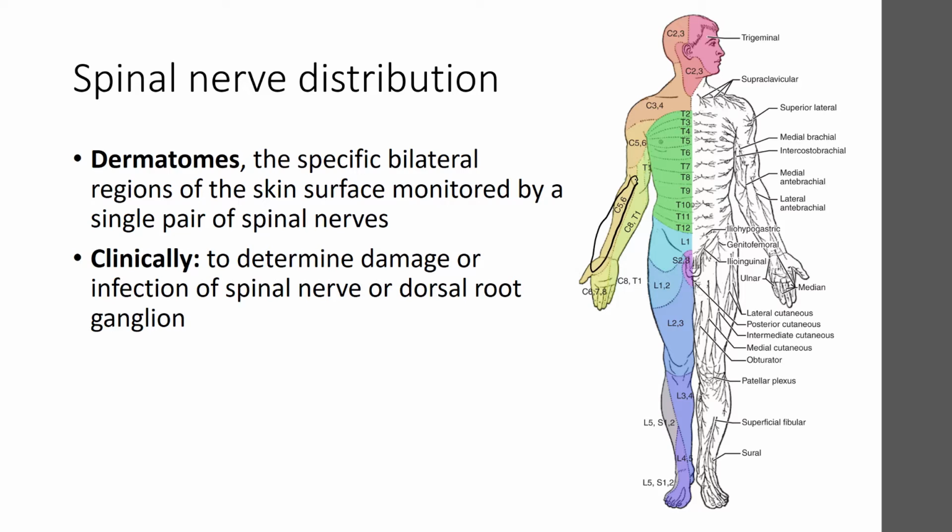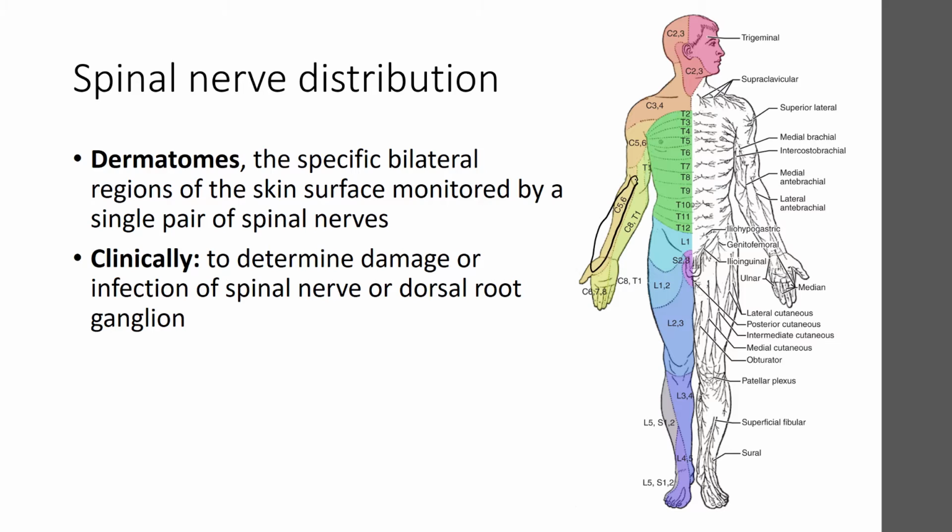And the reason this is even more important clinically is, let's say somebody has been injured in a car wreck and you don't have an MRI or CAT scan available, and you want to know where that injury is. Is it really high up on the neck, or is it down low in the back? Is it anterior or posterior? Let's say they can't move their arms.